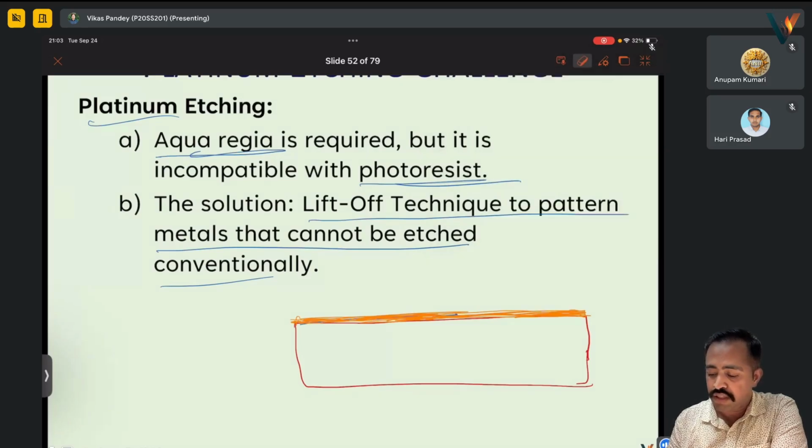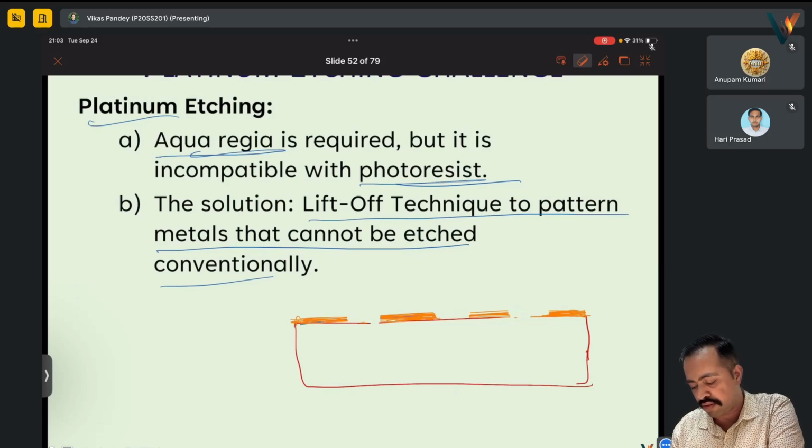Using our standard lithography process, we will create an inverse profile of whatever we want to create. Suppose that we want Pd in this area, so we will remove the photoresist in this area. So we will create an inverse pattern like this.